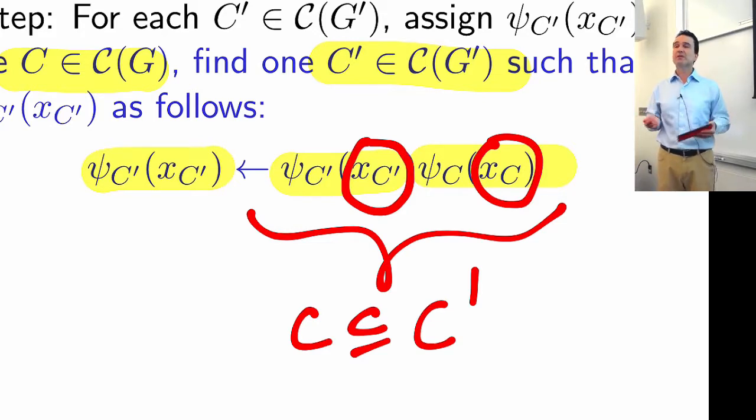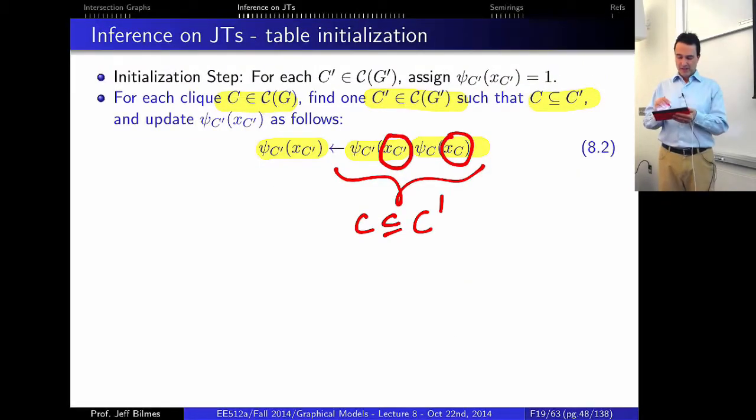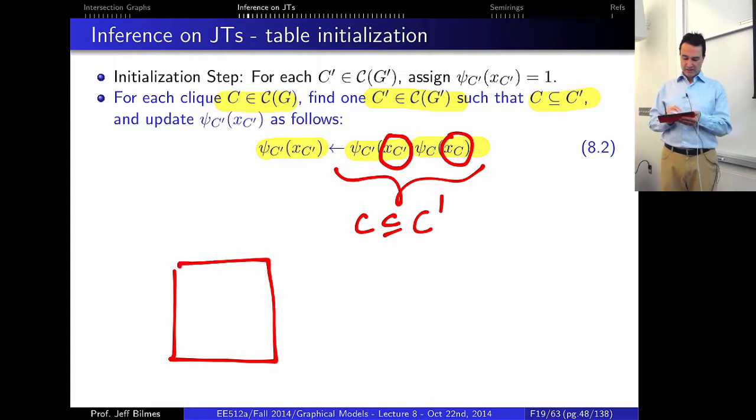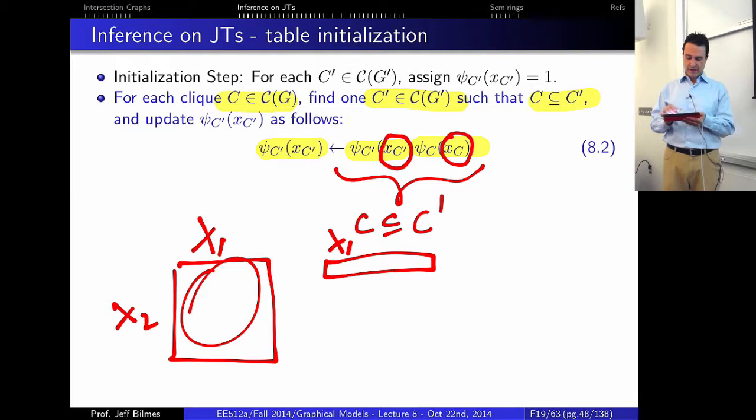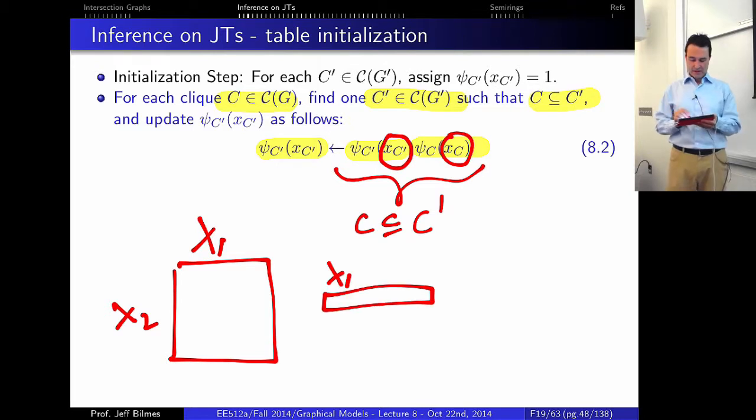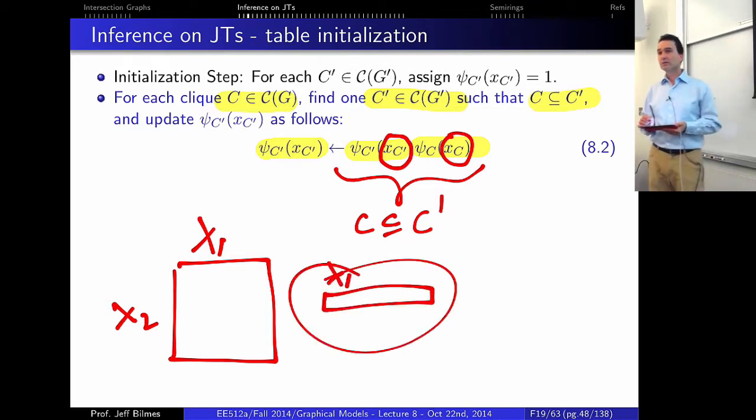This is like table multiplication. Think of it this way. So here's a simple two-dimensional example. Let's say you've got a two-dimensional table x1 and x2, and another one-dimensional table of x1. So this one is indexed by x1 and x2, whereas this one here is indexed by just x1. Okay?